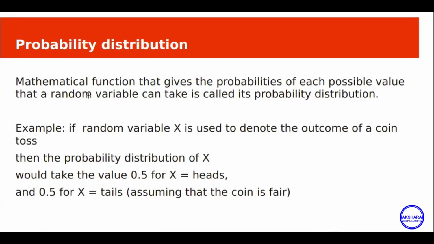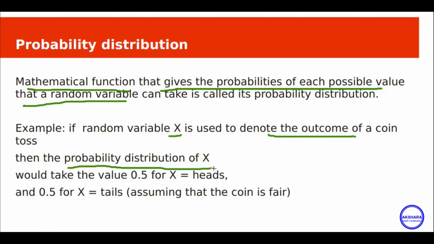Probability distributions. It is a mathematical function that gives the probabilities of each possible value that a random variable can take. For example, if random variable x is used to denote the outcome of a coin toss, then the probability distribution of x would be 0.5 for heads and 0.5 for tails, if that coin is fair.